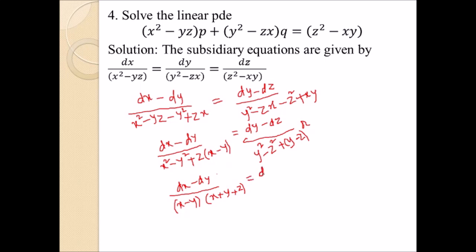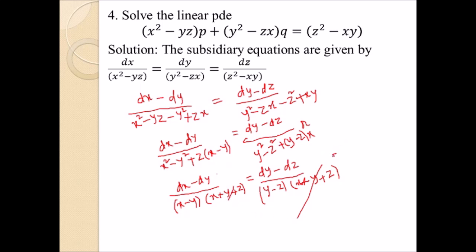So this is dy minus dz by y minus z times x plus y plus z. So y plus z from the first term and x from the second term, so this term will get cancelled.